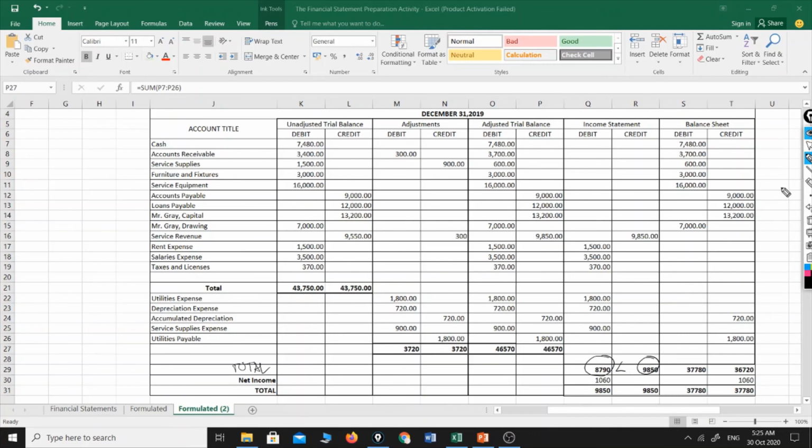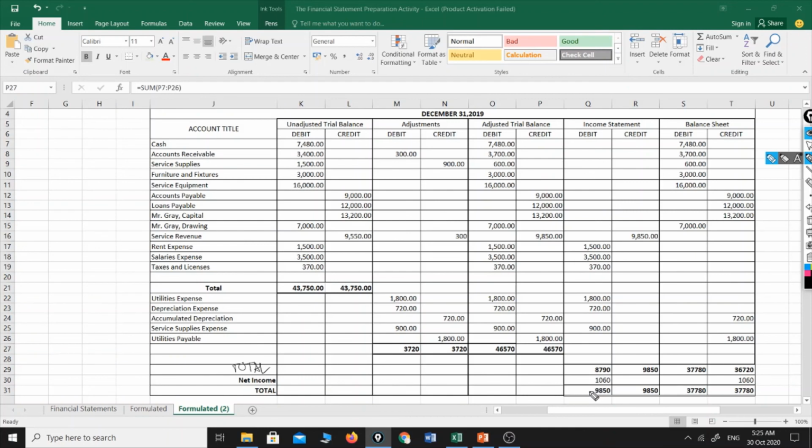So 9,850 minus 8,790, then you will come up with a difference of 1,060. So you will just add the 1,060 to make our debit and credit columns equal, okay? So we will just add the 1,060 to the debit column 8,790.